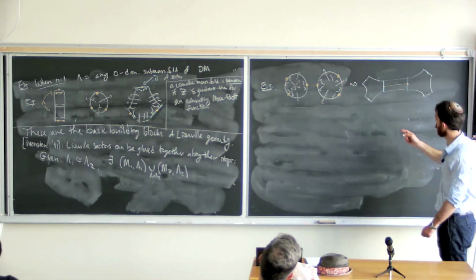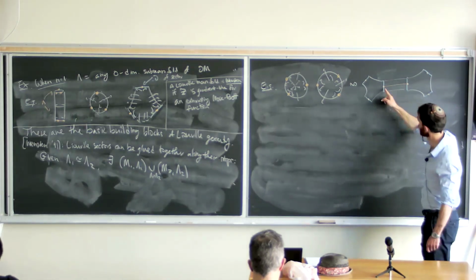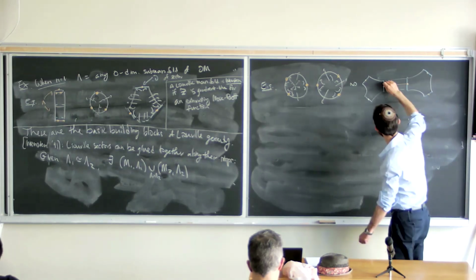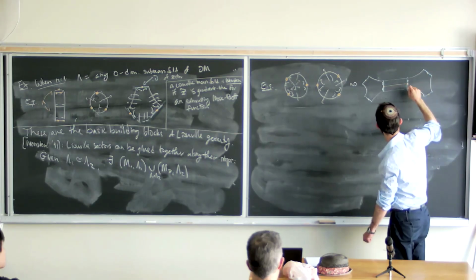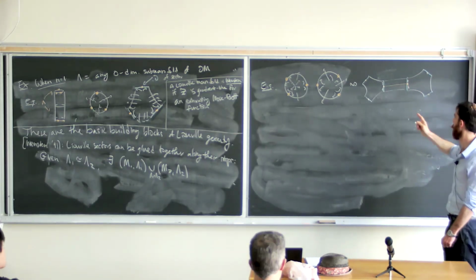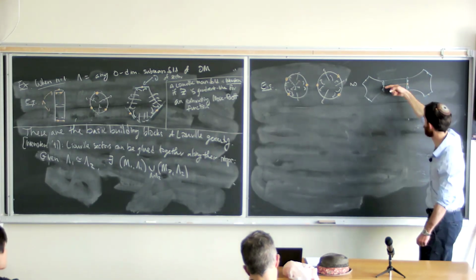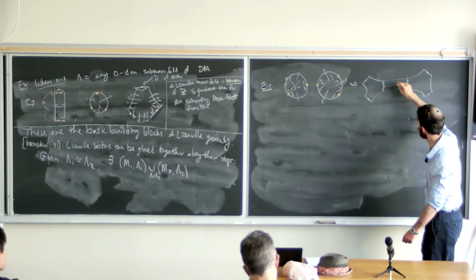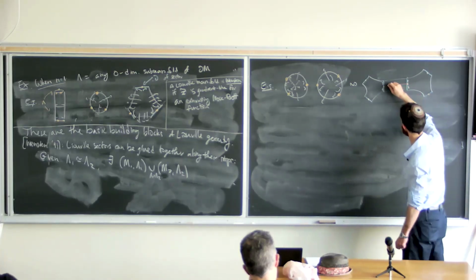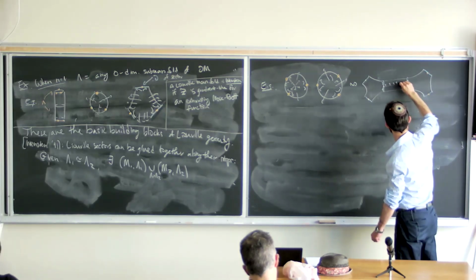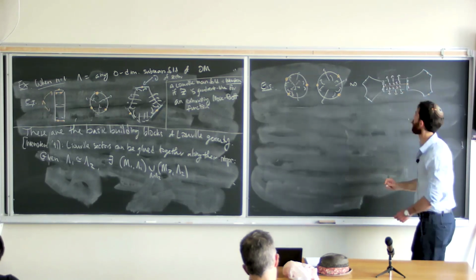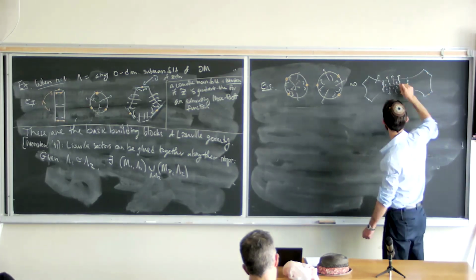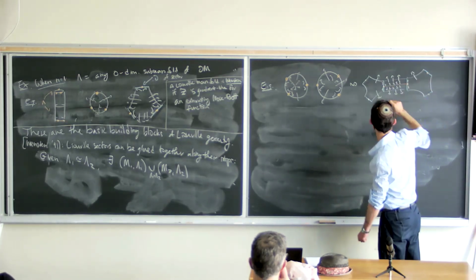So near this stop, in this region, my Liouville vector field looks like the cotangent vector field to T star R, basically, of this stop times R, and it agrees with the Liouville vector field over here.